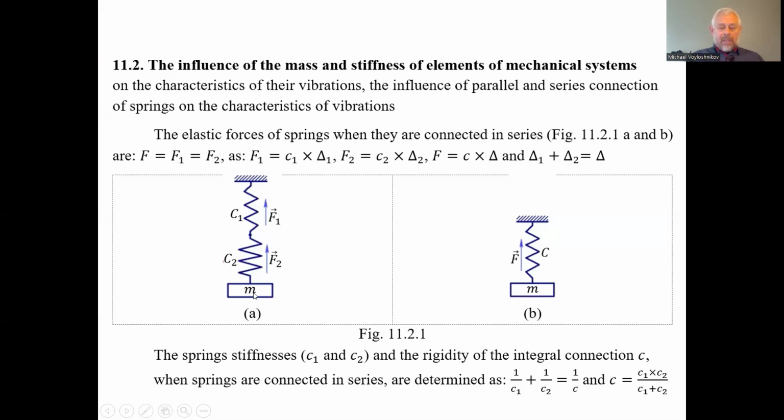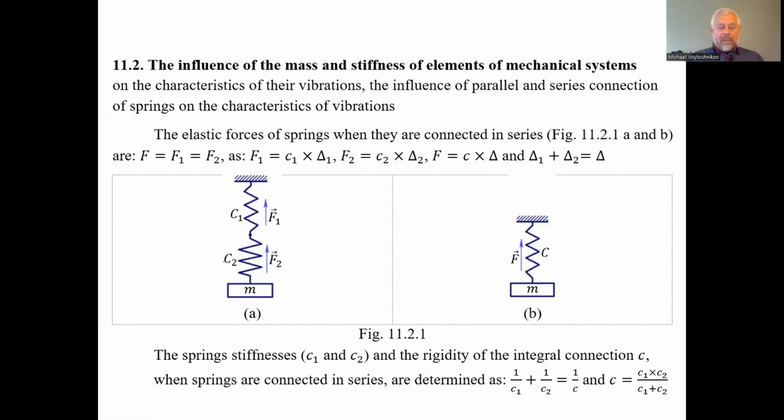For this considered system, indicated on figure 11.2.1, we have to decide that the force of deformation of two springs connected in series is equal to the force in the first spring and the second one, because the springs are connected in series.